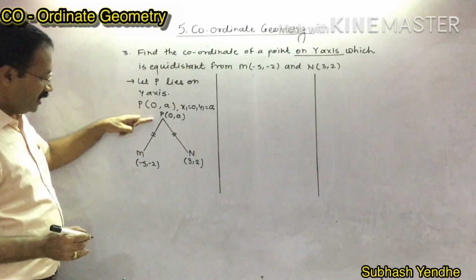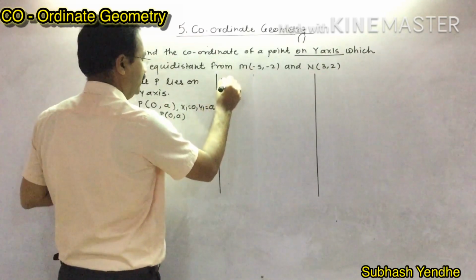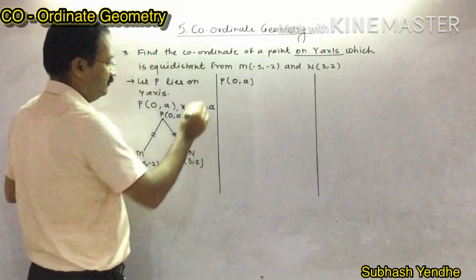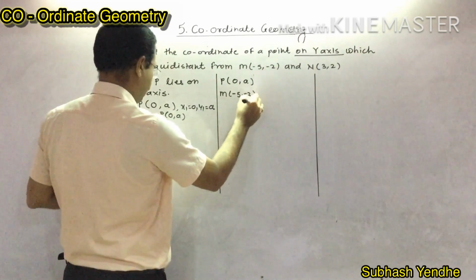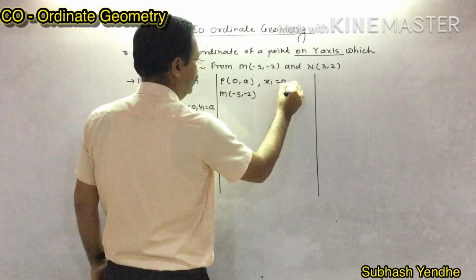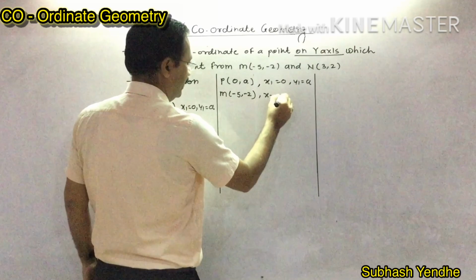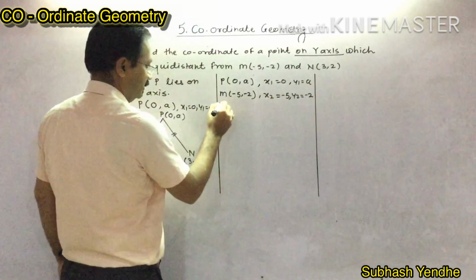So first I am going to take PM. P's coordinates are 0 and a. Then M's coordinates are -5 and -2. So x1 equals 0 and y1 equals a, x2 equals -5 and y2 equals -2.